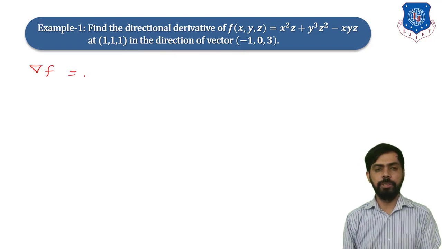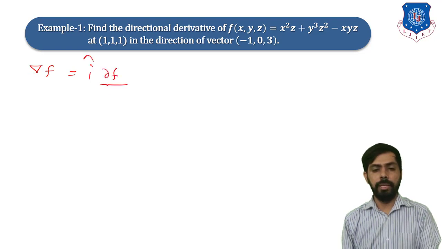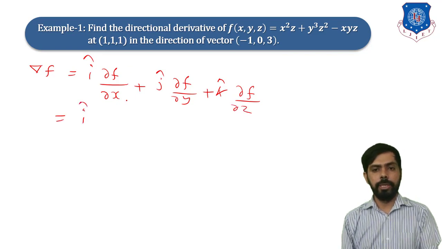So here first step we will find grad f. Grad f is defined by i del f by del x plus j del f by del y plus k del f by del z. What is the meaning of del f by del x? Partial differentiation of function f with respect to x.